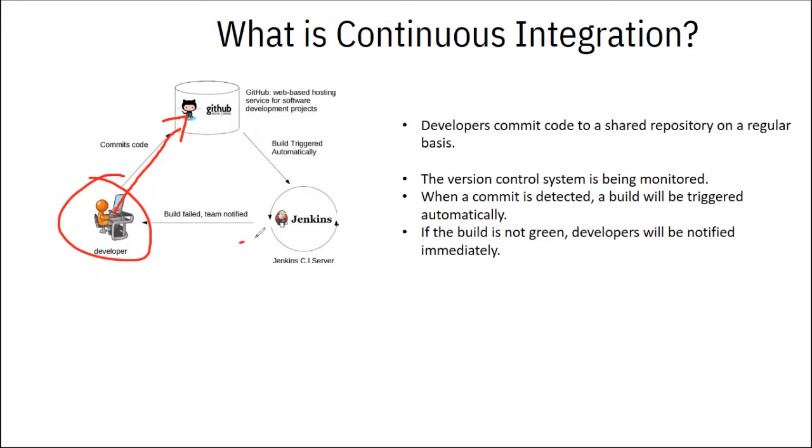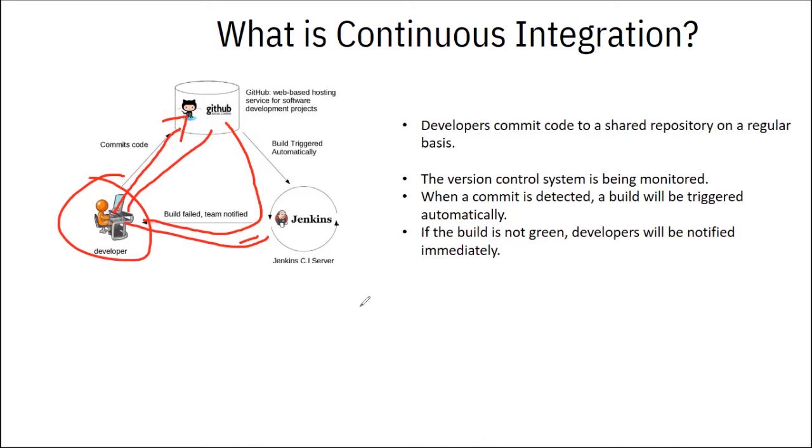It will start the build, and build means compile and build, and then it fails. Again, the developer will receive a failed build notification. Automatically, he will fix it and commit it. So if Jenkins detects the new code change, this process will automatically start again. Like this, continuous integration happens, right?